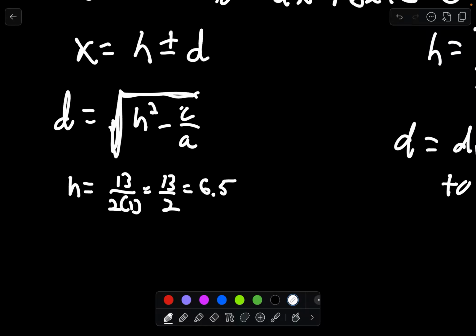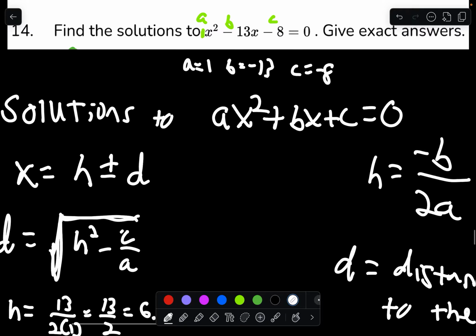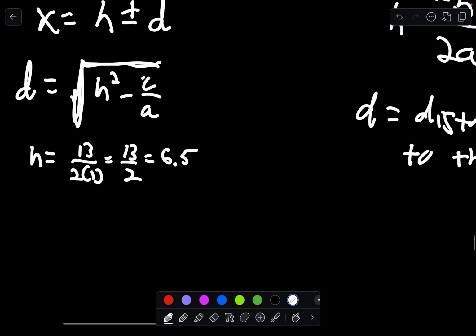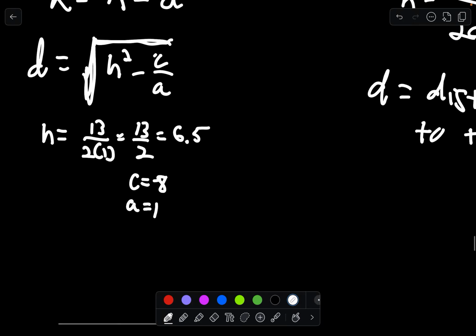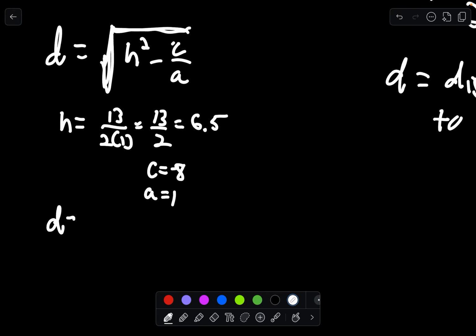So this is 13 halves, which is 6.5. That's h. c is negative 8 and a equals 1. So d would be the square root of 6.5 squared minus a negative 8 over 1.